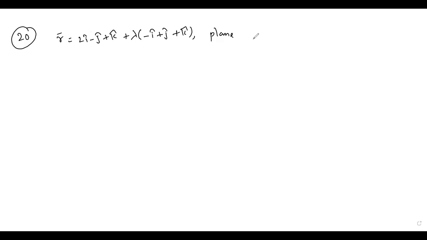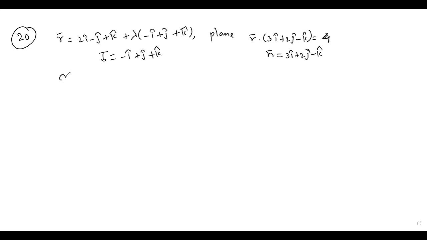Plane is R bar dot 3i plus 2j minus k equal to 4. For the line A bar plus lambda b bar, take b bar only, the required term. R bar dot n bar equal to d, so n bar is the normal vector 3i plus 2j minus k.